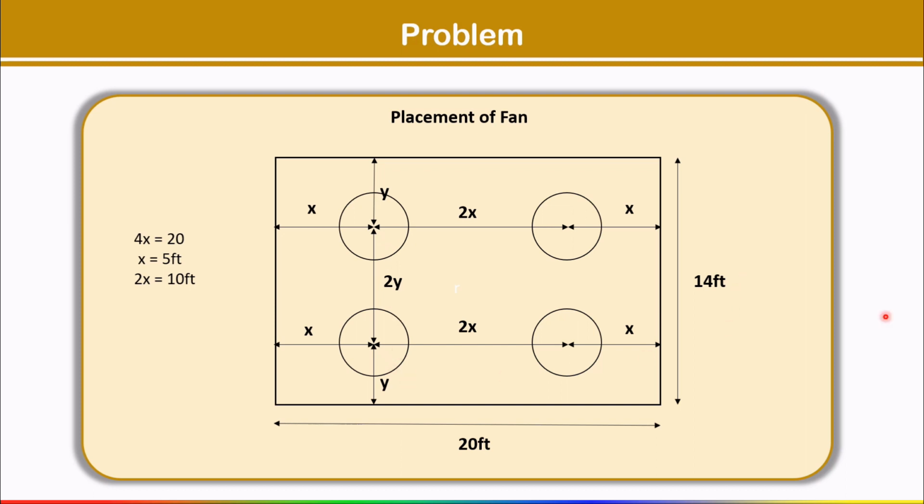Just write down here and calculate the y and 2y values. So the y value, from this wall to the center of the first fan, is 3.5 feet, then from fan to fan 7 feet. That much distance you have to maintain. Now I am writing from the wall to the center of the first fan 5 feet, then from fan to fan 10 feet. Again in the y direction from this wall 3.5, then 7 feet.